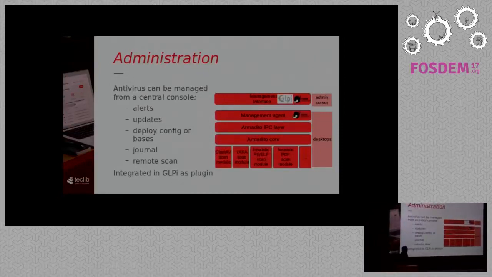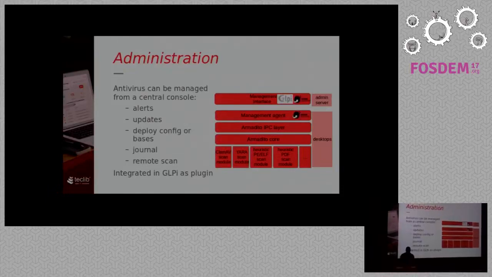So we have an interface which is based on GLPI. GLPI is software which is supported by TechLib, and it's an asset management system which is often used, for instance, in education, where you have to manage a large park of various and heterogeneous machines.